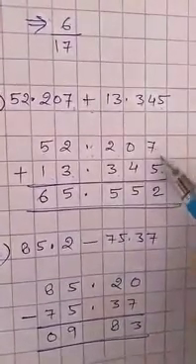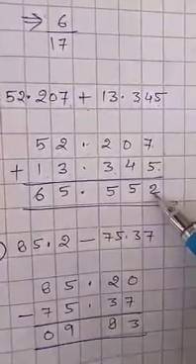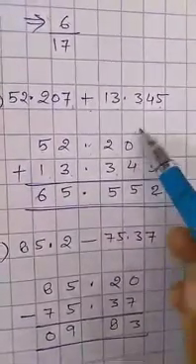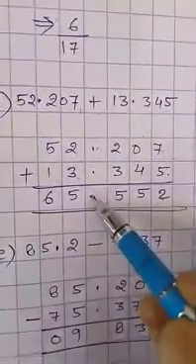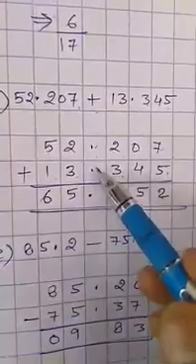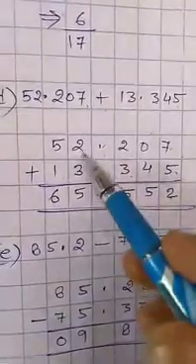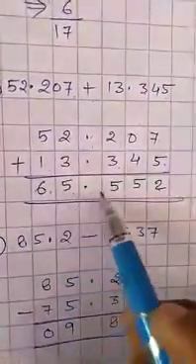Now we add 7 and 5, 12. We write 2 from 12 and 1 is carry. 4 and 1 is 5. 2 and 3 is 5. We put the point under these points. 2 and 3 is 5, and 5 and 1 is 6. The answer will be 65.552.